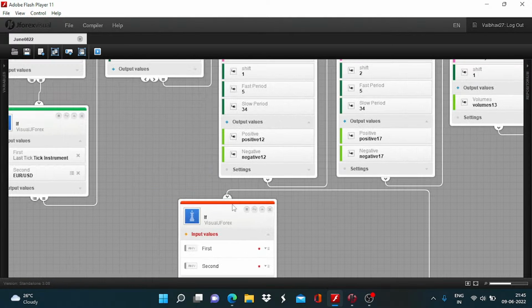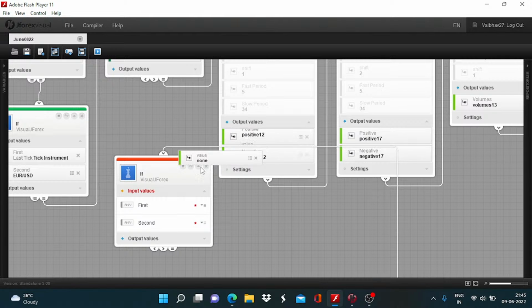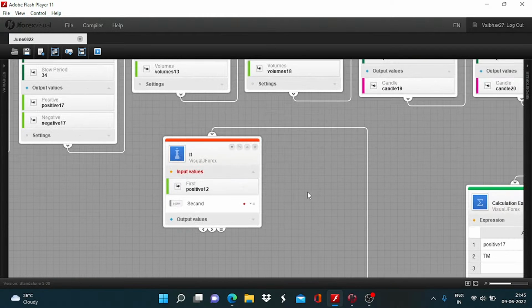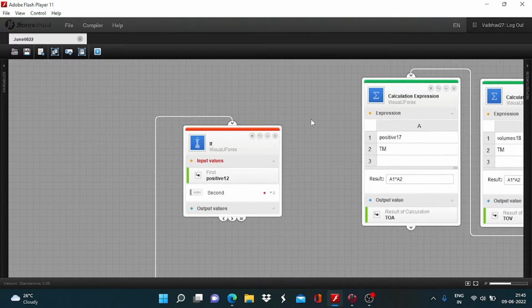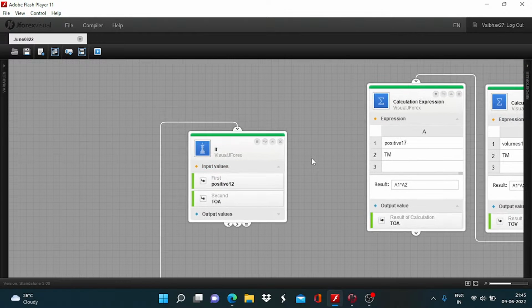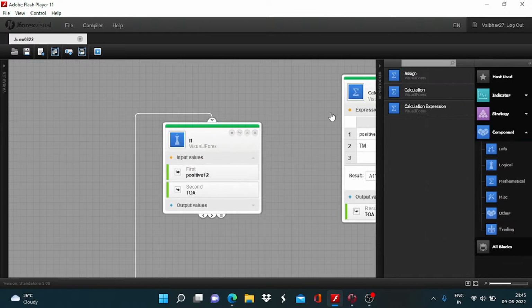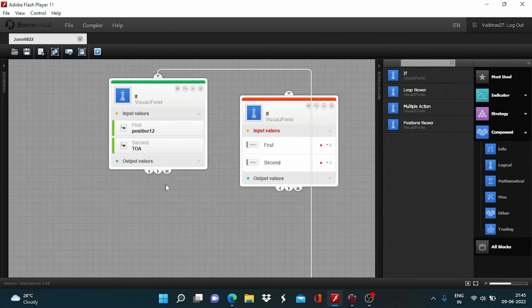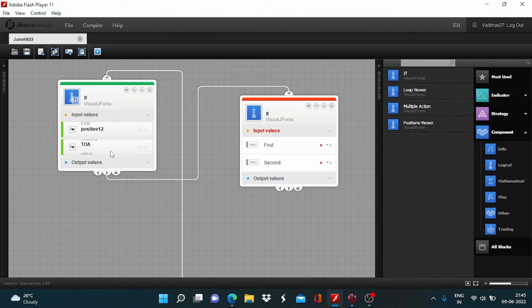So now I'm going to take positive 12, which is the last hour's AC2 output, and compare it with twice of positive 17, which is TOA, and it still needs to be greater. So first input will need to be greater than second input. First input greater than second input.